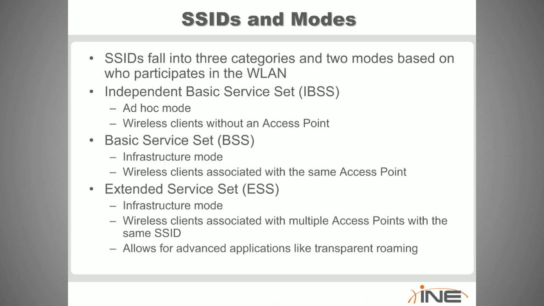The extended service set is when there are wireless clients that are associated with multiple access points that share the same SSID. So this is the case that is typical for an enterprise deployment. Typically in your office, you're not going to have just one access point that is servicing everybody.